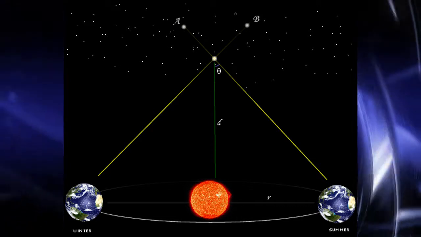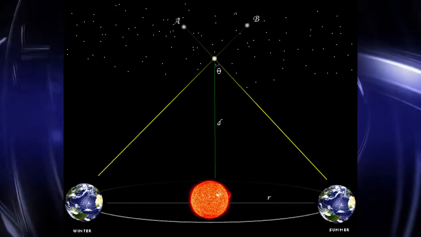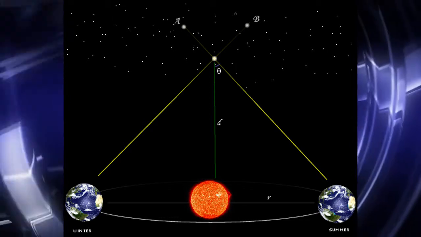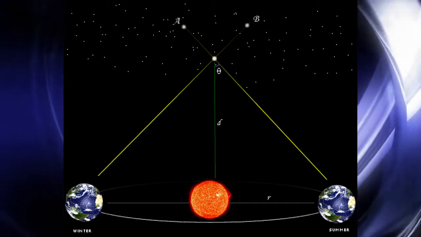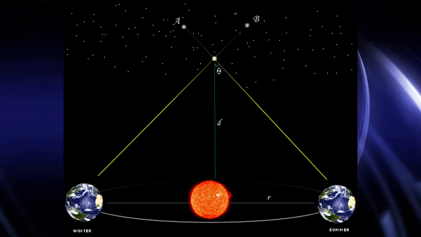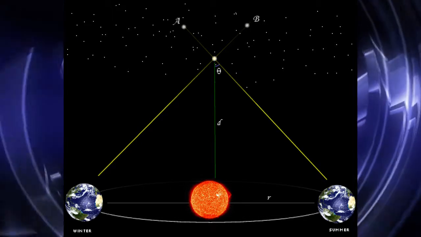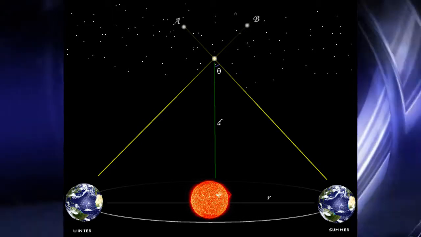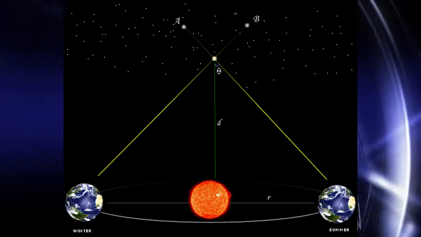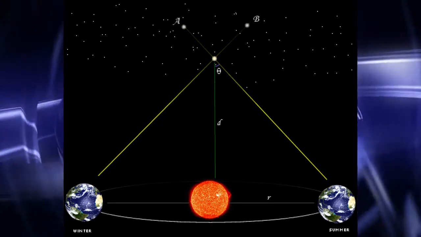This means that at 6-month intervals, the Earth is looking at a star from the two corners of an isosceles triangle, where the point is at the star. We can observe how far the star appears to move against the background galaxies in that time and find the angle of the triangle from that. With the angle and the length of the base, the diameter of the Earth's orbit, we can find the height of the triangle or the distance of the star.